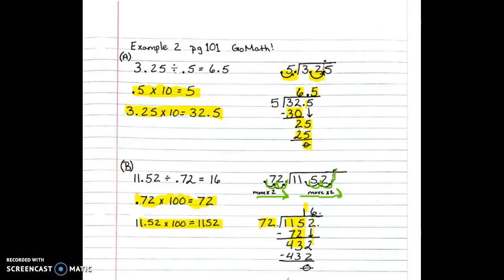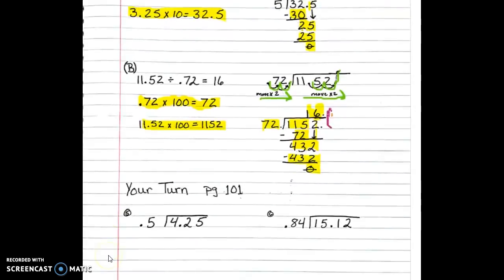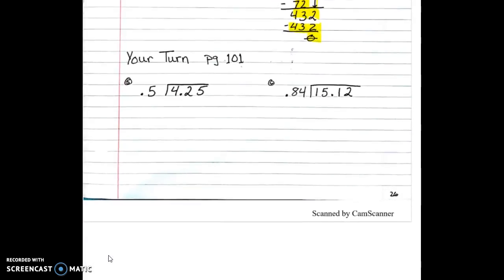Bring down your 2. 72 goes into 432, or 432 divided by 72 is 6. 6 times 72 is 432. Subtract that, you get 0. And then your decimal was moved straight up. All right, let's move on to your turn on page 101.